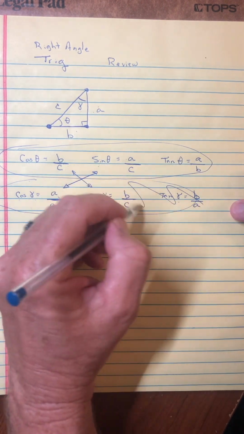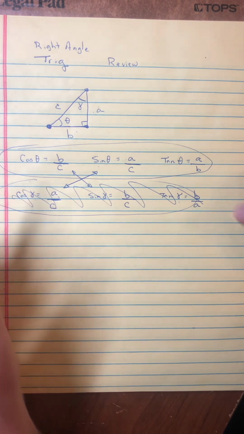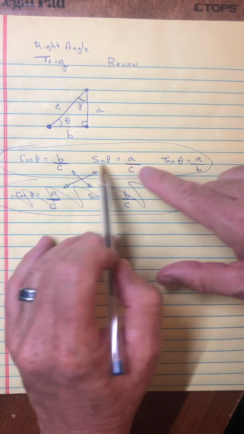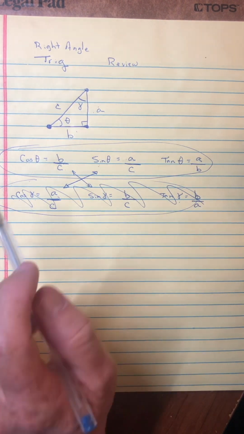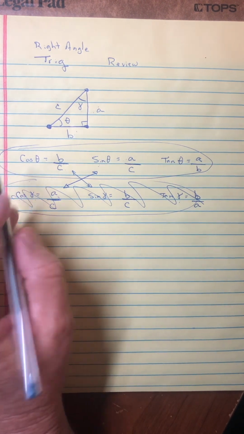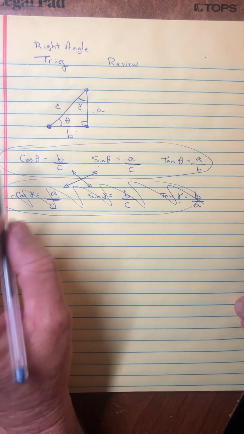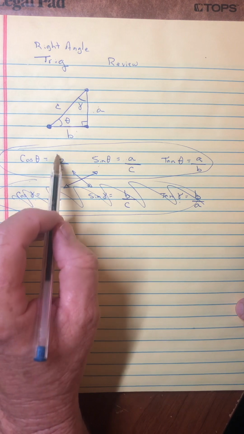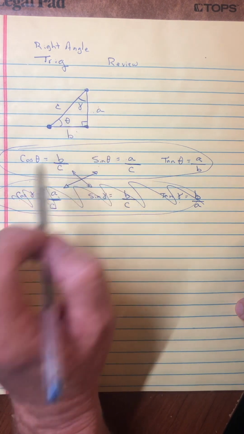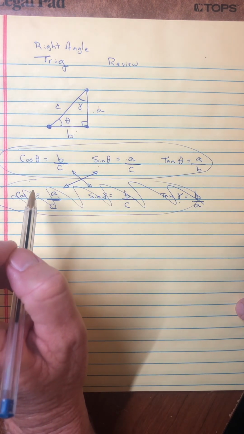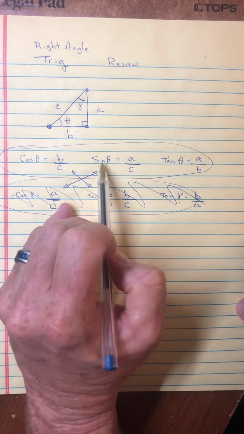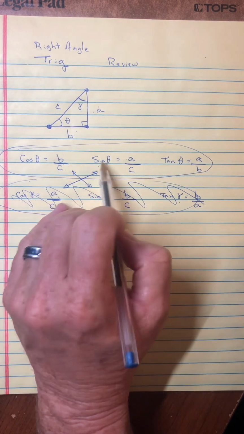But let me focus our attention here on the standard angle, which is from the x-axis. What this is really saying mathematically is that if you know any two sides of the triangle, then you can get the angle. And I want to show you how you get that angle.